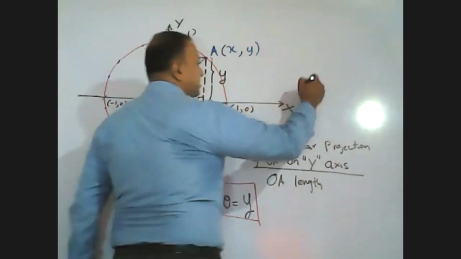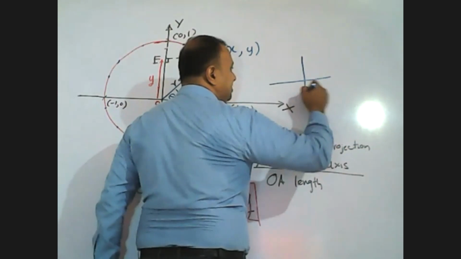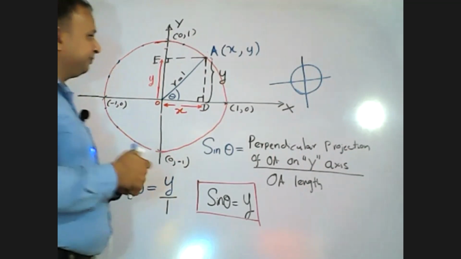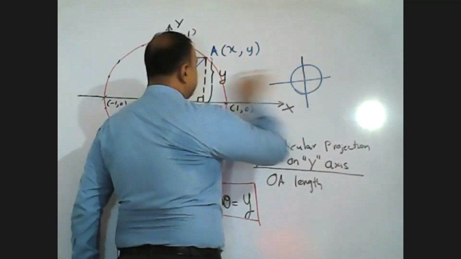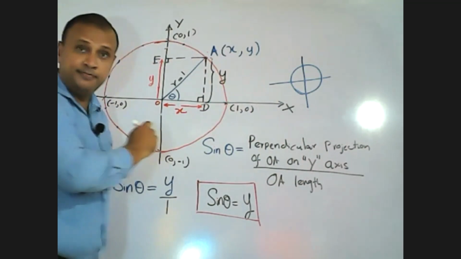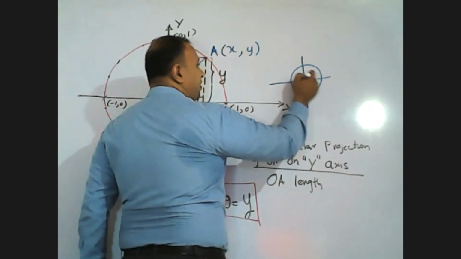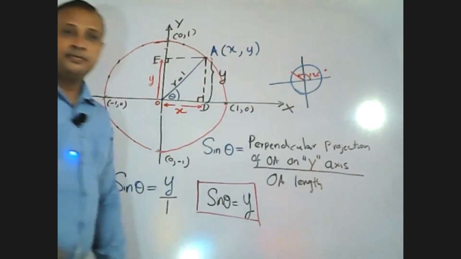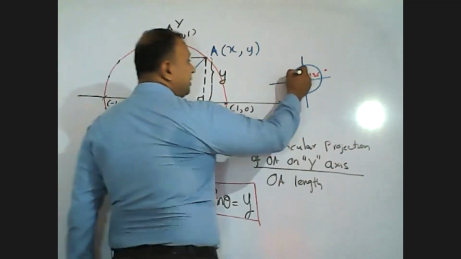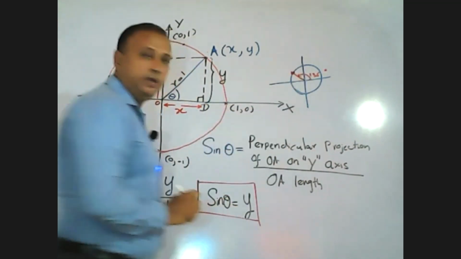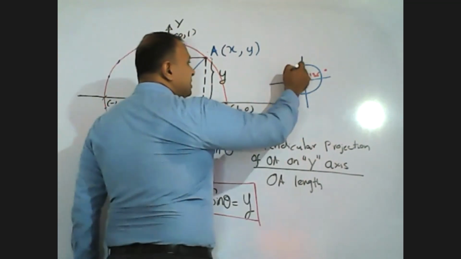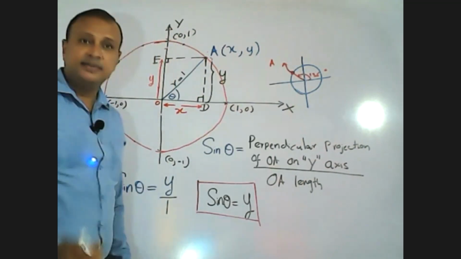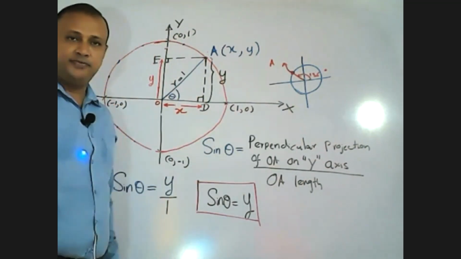Something like this. Suppose this is a unit circle. If you rotate this OA line segment by 135 degrees, then it will stop here. So the y coordinate of this point is equal to sine theta.